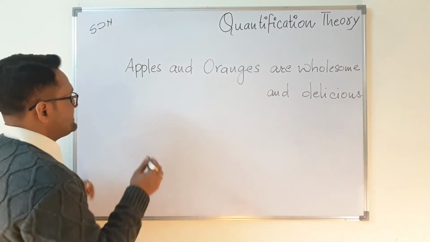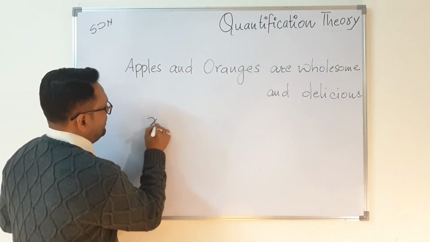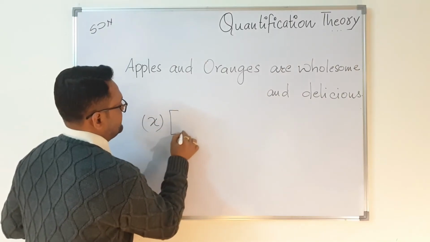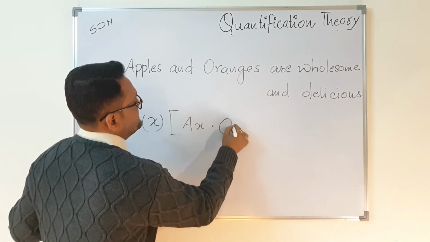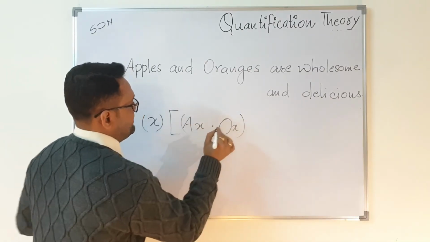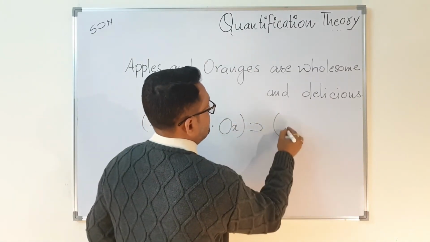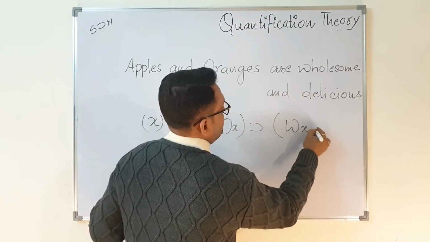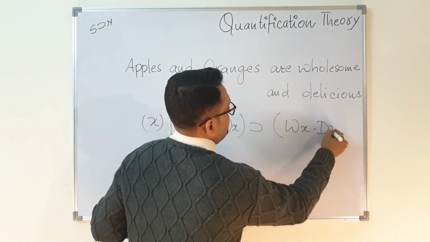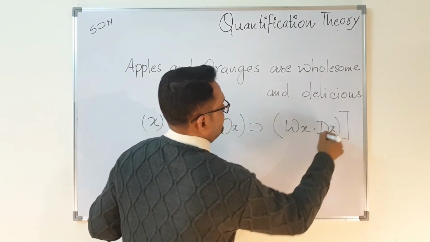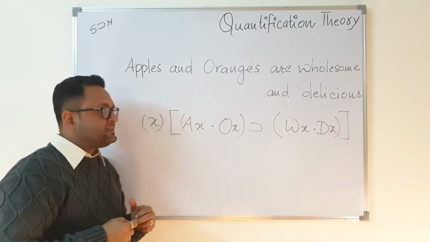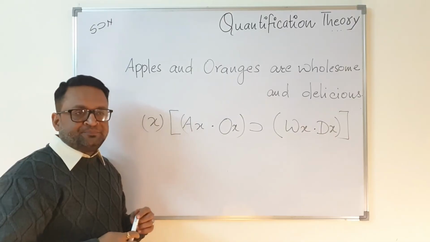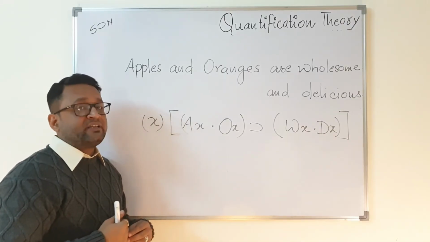Now the symbolization can be for all x, (Ax and Ox) implies (Wx and Dx). More or less, for the first time, when students symbolize it, they will symbolize it like this. But this is not the right symbolization.